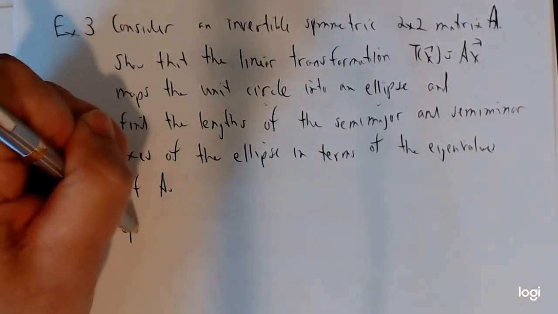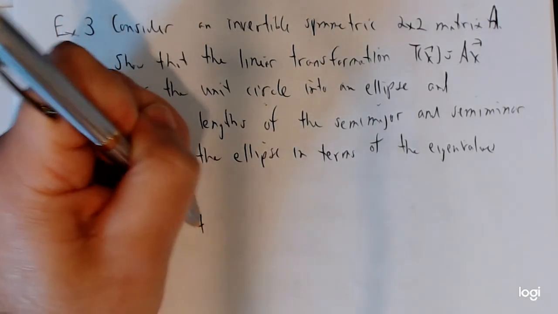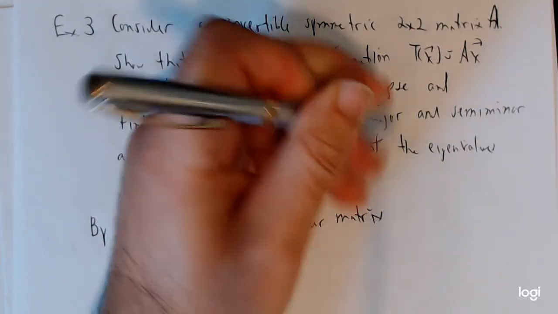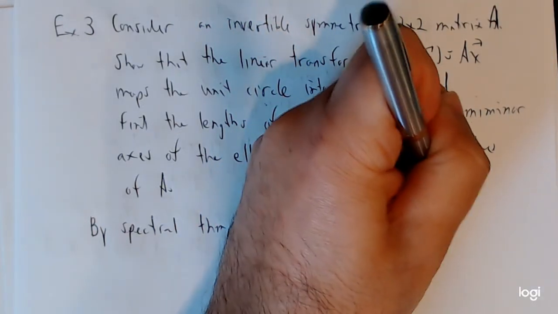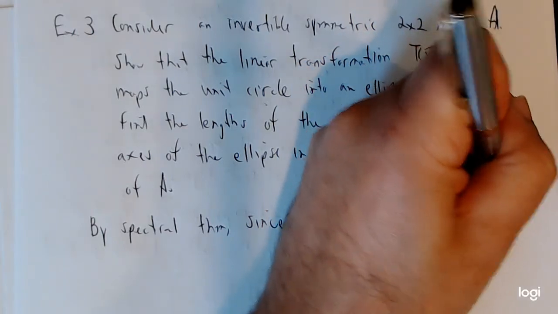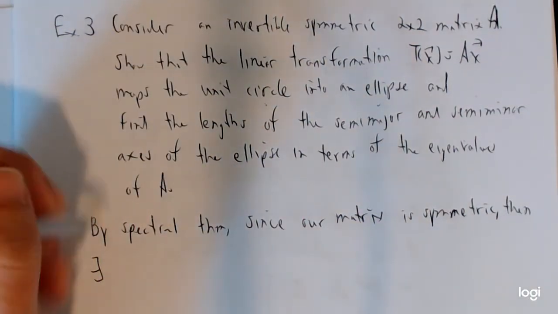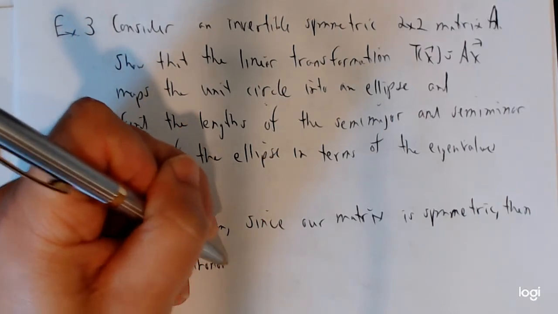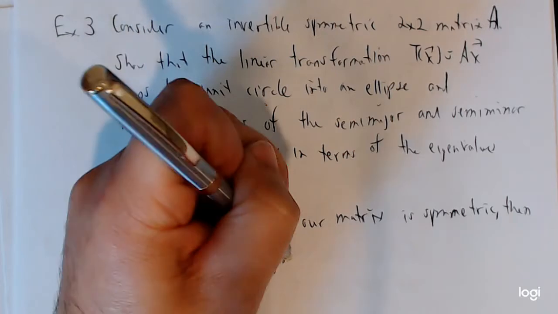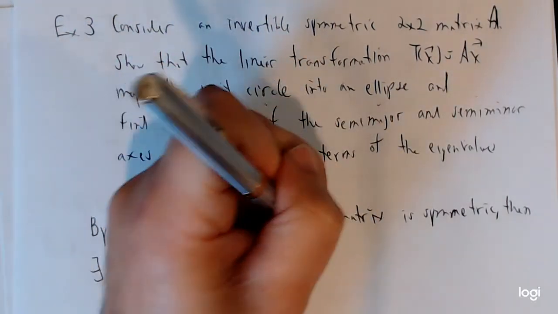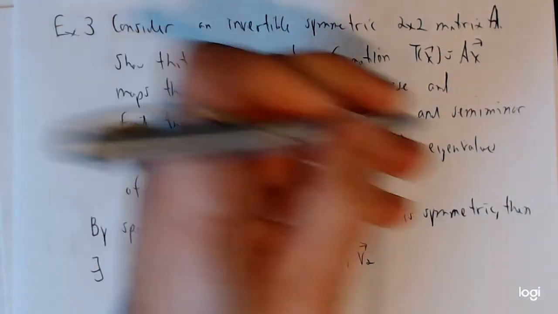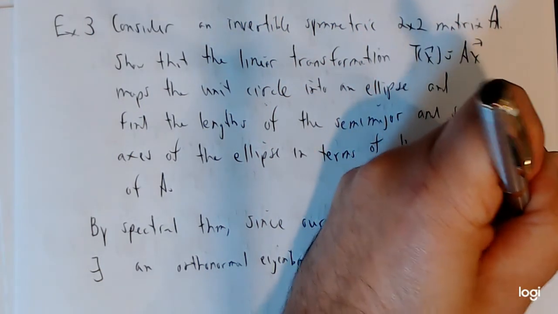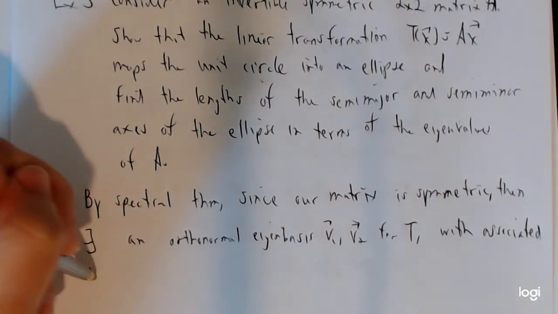So we're going to say, look, by the spectral theorem, since our matrix is symmetric, then there exists an orthonormal eigenbasis v sub 1 and v sub 2 for T with associated eigenvalues.